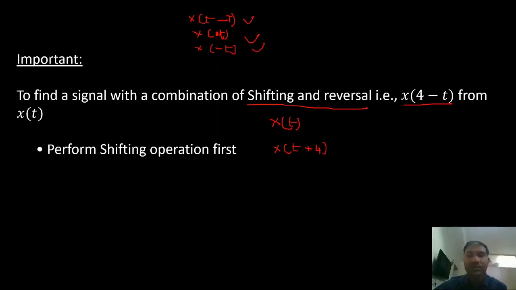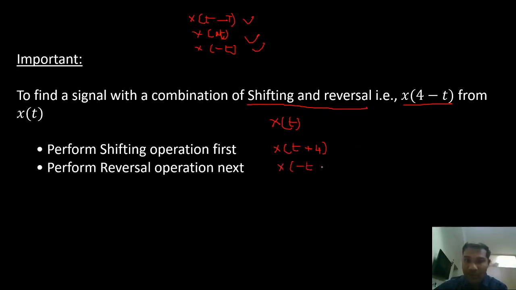So after finishing the shifting operation, then we'll move on to the reversal operation. So x of minus t plus 4. X of minus t plus 4. Right?